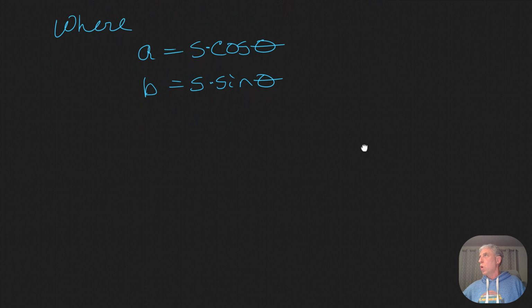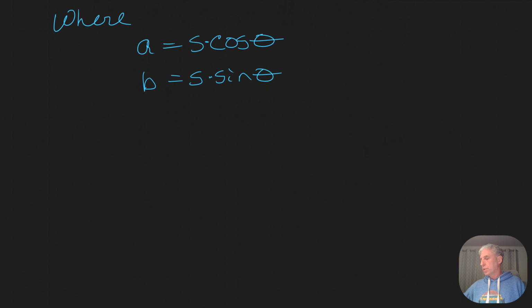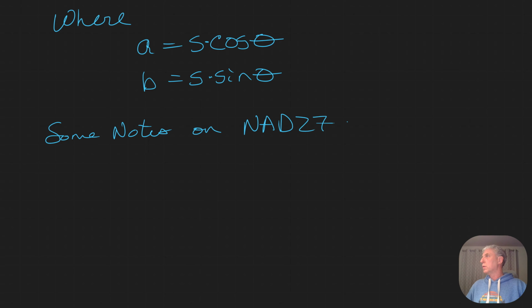Now, I promised you that I would get into some of those differences between NAD 27 and NAD 83. So some notes on NAD 27 versus NAD 83. And these are important to keep in mind as you're going through the calculations.